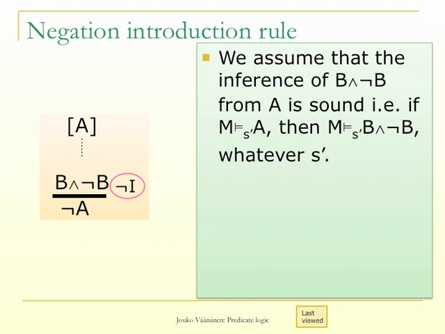By induction hypothesis, we assume that the inference of B and not B from A is sound. That is, if S prime is any assignment that satisfies in M the assumptions B1 to Bn, and moreover S prime satisfies A, then S prime satisfies B and not B.